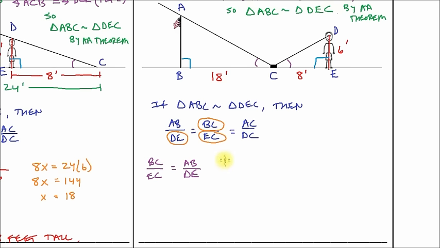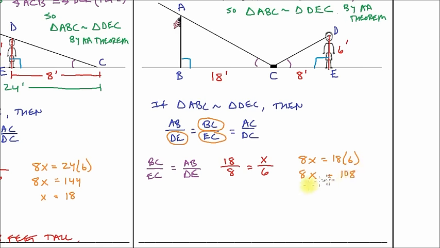Alright, let's plug in what we know. BC is equal to 18. EC is equal to 8. AB is our unknown. DE is equal to 6. Let's go ahead and cross multiply. 8 times x is 8x. You've got 18 times 6. So 8x is equal to 18 times 6, which is 108.